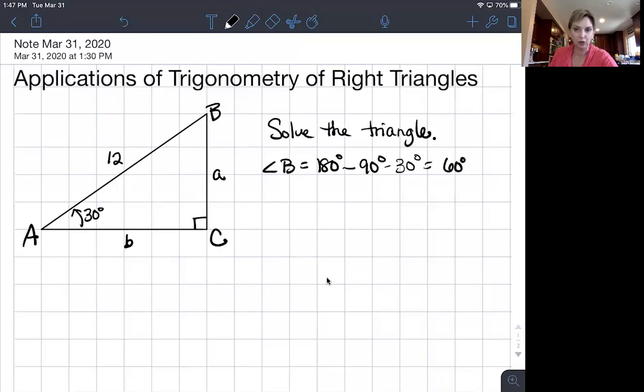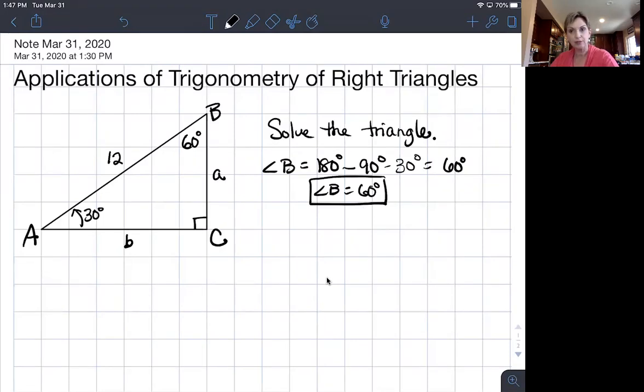So that's going to be my angle B. That one's pretty easy. Let's put that in there. Angle B is 60 degrees. We're on our way.